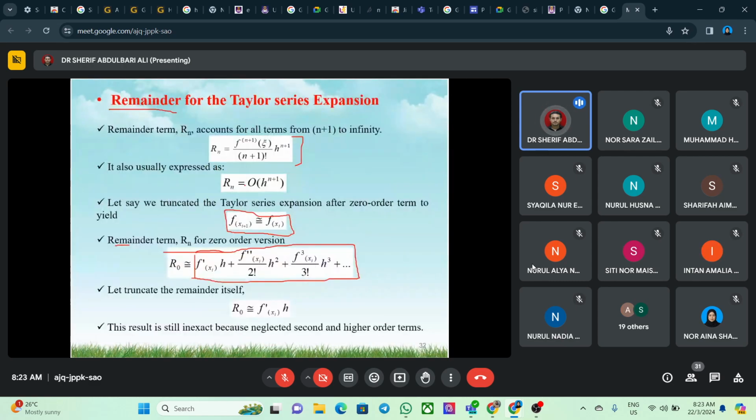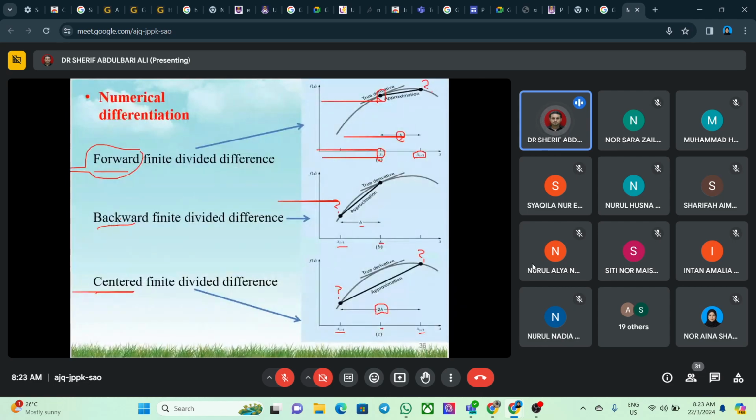So compared to the forward or backward finite divided difference, the center is more accurate because it's two step sizes, from x plus 1 to x and from x to x minus 1. We are adding two terms to our calculations to get a value.